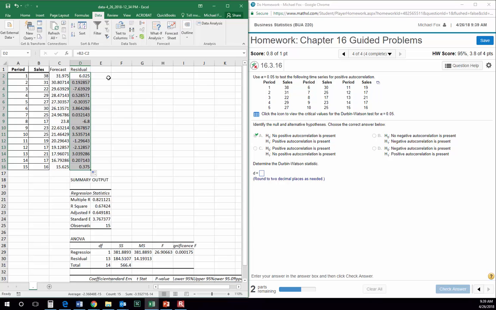So what we need to do is get our residual from the previous period. That's often put down as E t minus 1, and usually the t minus 1 is a subscript, but to make our life easy, we won't worry about doing subscripts. And all we're going to do is say the E t minus 1 for period 2 is going to equal the residual for period 1.